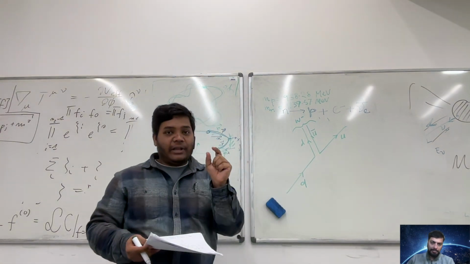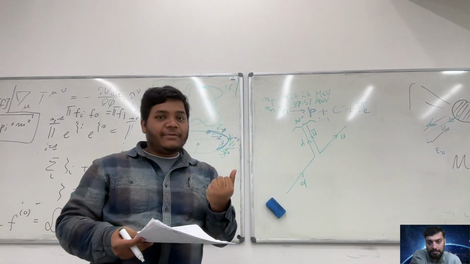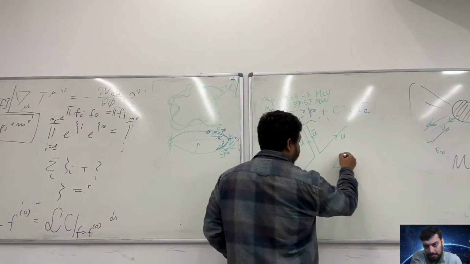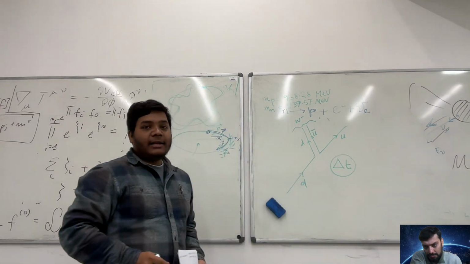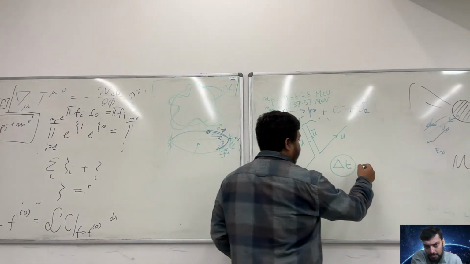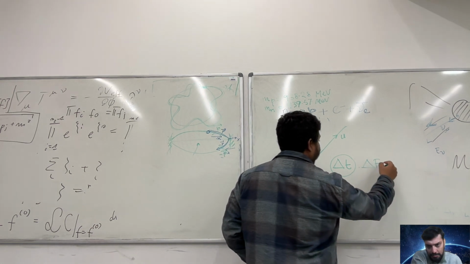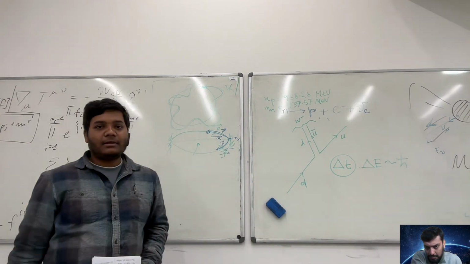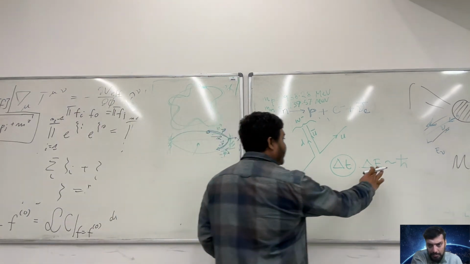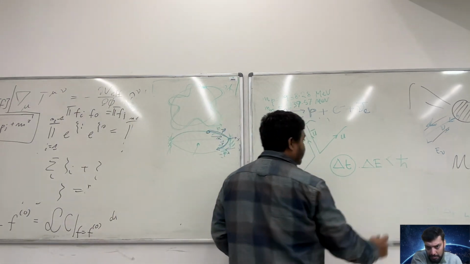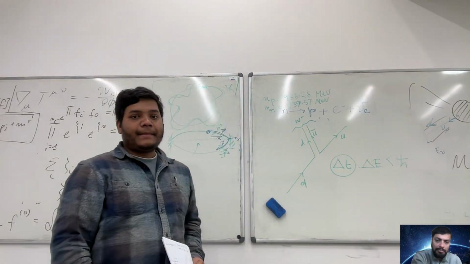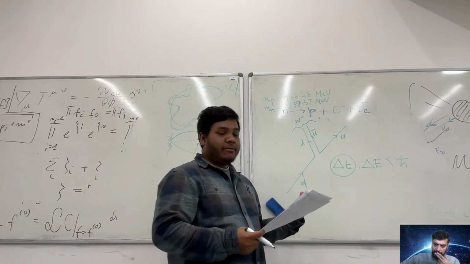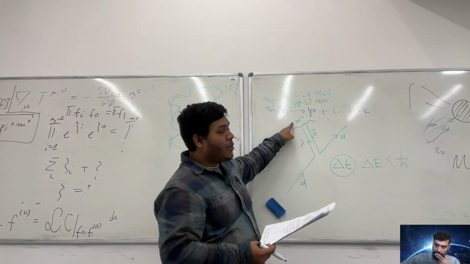The time frame to get that energy from the vacuum, if I consider it delta t, and the amount of energy this particle should have is of the order of h cross, or, in a better mathematical way, less than h cross. So this is the amount of energy taken from the vacuum to generate this W minus particle.